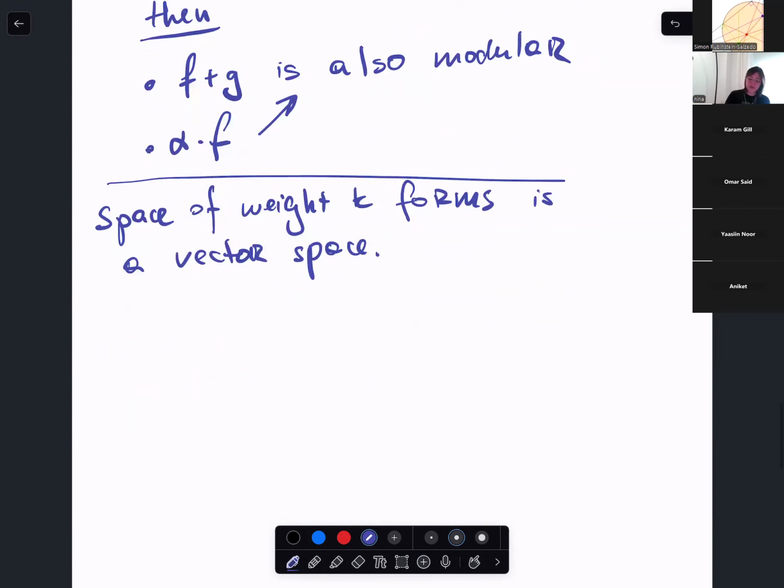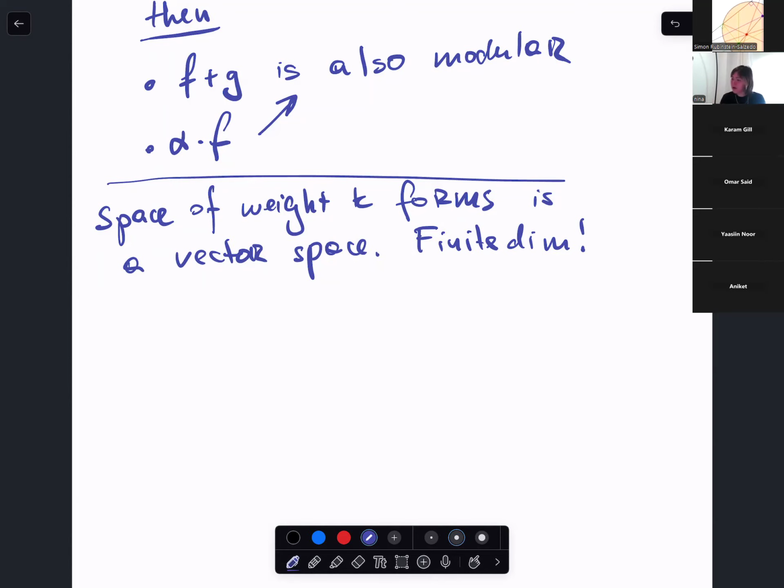And it turns out that it's always finite dimensional. So again, a priori, it's not clear why modular forms should even exist, just from the definition, but it turns out they do, but there's not that many of them. For a fixed k, there's always a finite space of modular forms.